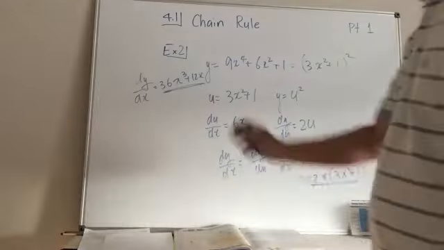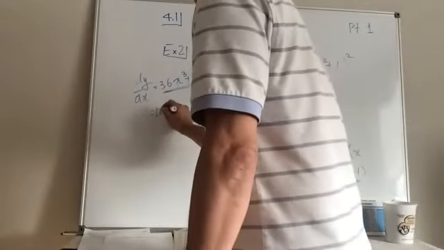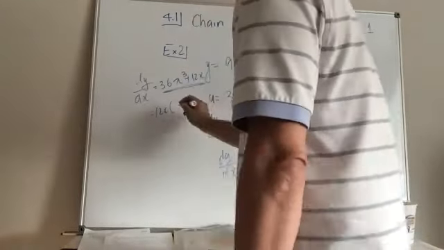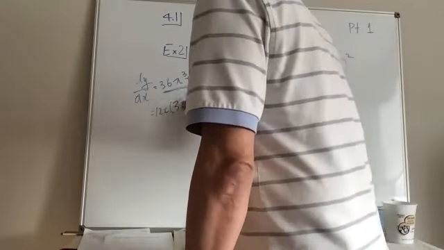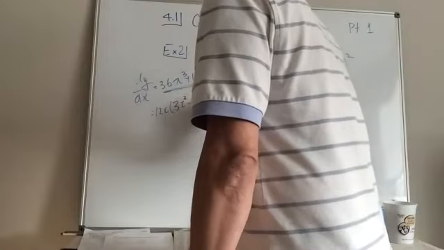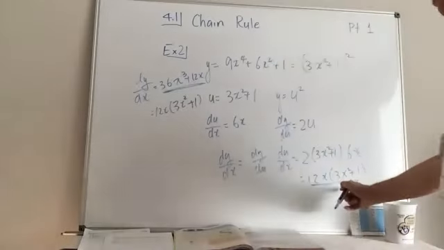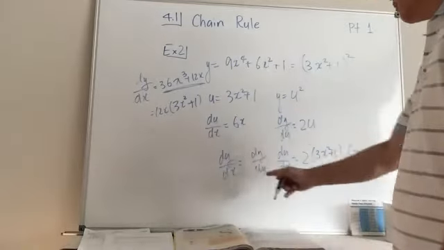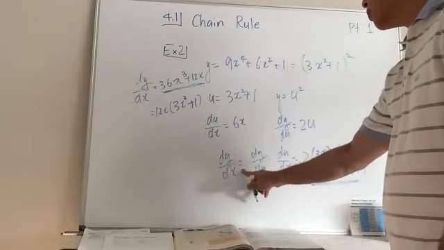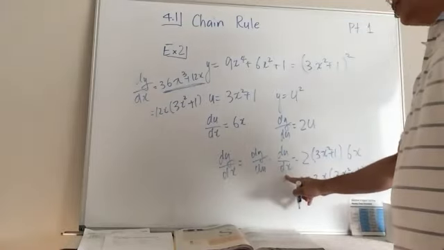Can you see that? Because if I pull the 12x out, I get 12x times (3x squared plus 1), which happens to be the same thing here. Again, I'm getting the same thing: dy/dx is equal to dy/du times du/dx.